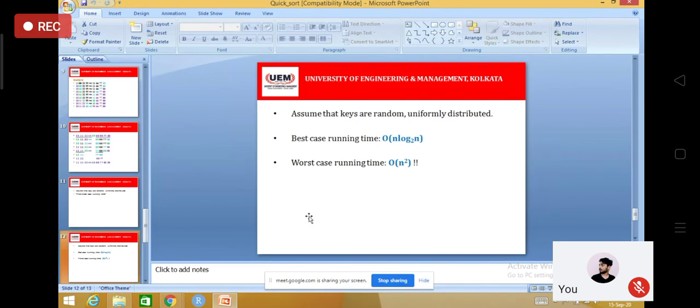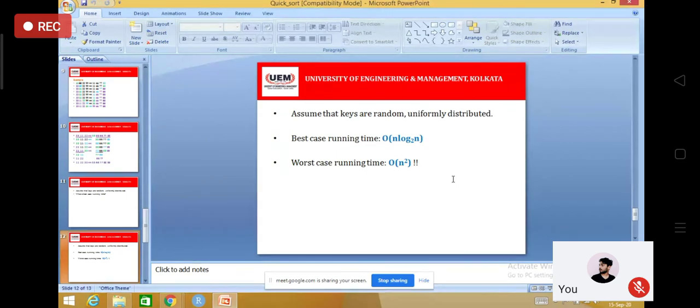Normally the complexity is n log n. But if the elements are already sorted, then this does not give you a good result. It gives you the worst case complexity of n square. Why?